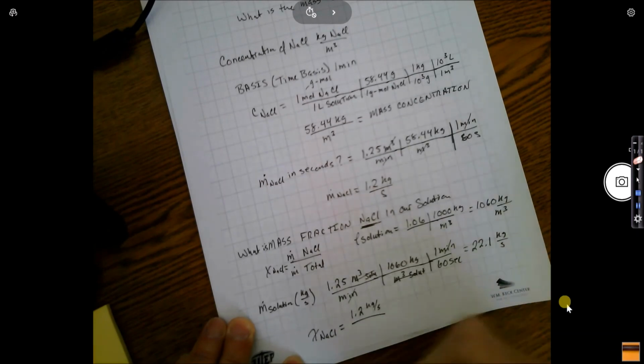I'm not really doing the railroad track method because you kind of know the units are going to cancel. Feel free to do the railroad track method if you see fit.